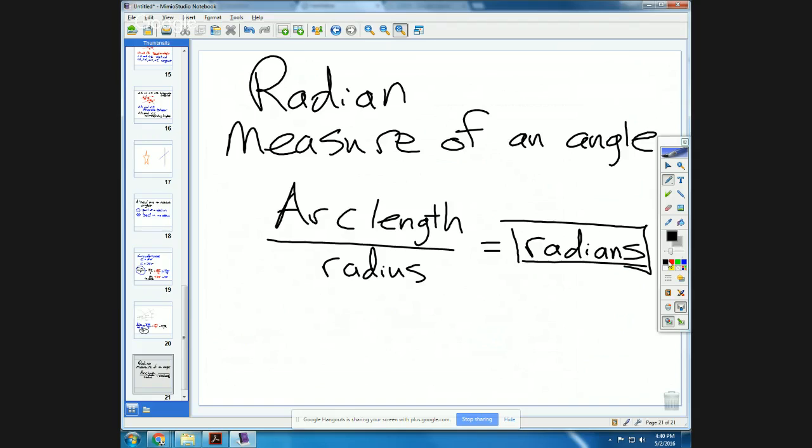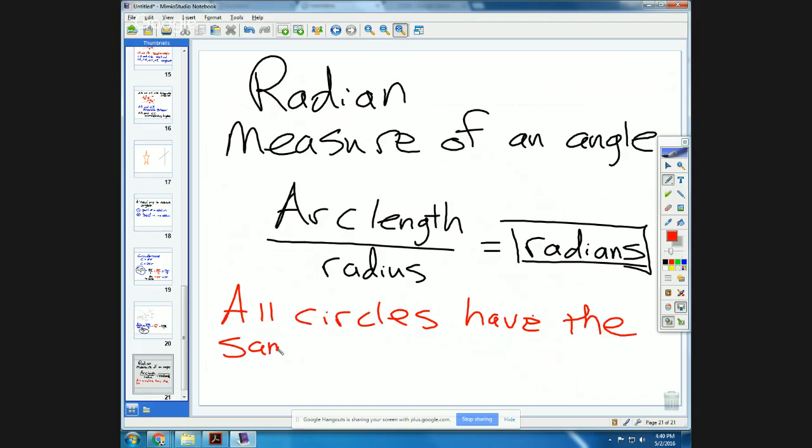If that seems kind of complicated, here's one way out of it. All circles have the same shape. And I could extend that to be a little more specific. I could say all circles have the same shape as a circle of radius 1.